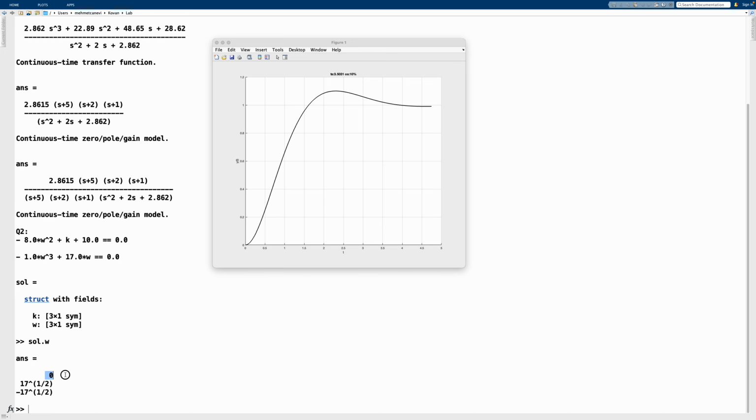We can see that one of them is 0 as the solution, which makes sense because this is called the origin. If you think about it, s was equal to j omega, and if s is j0, it's 0 plus j0, which is the origin itself, which is a solution. And then we have square root of 17, so j square root of 17 is a solution of this.